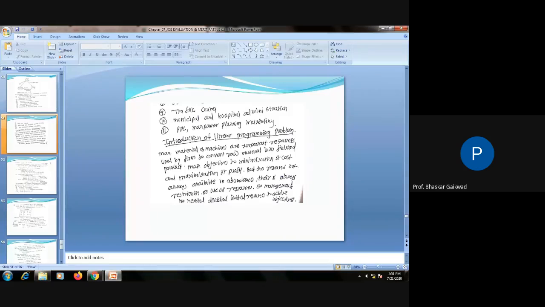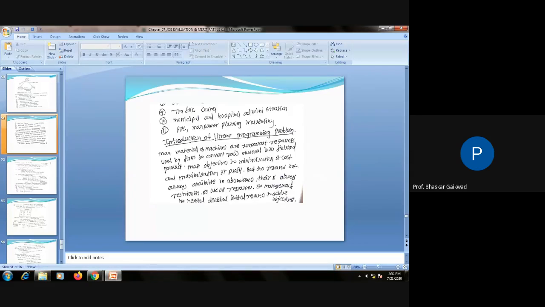industry. So, what is the main objective of industry? Maximization of the profit and reduction of the cost. And what resources do we require? Man, material, and machines. With the help of these three, we convert raw material into finished product. But while converting, there should be low cost of manufacturing so that you will get maximum profit.